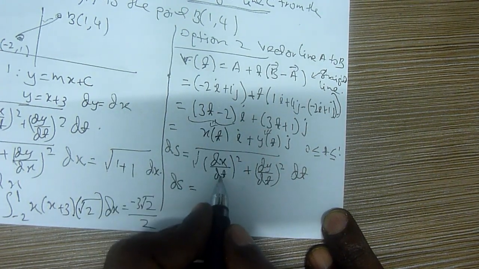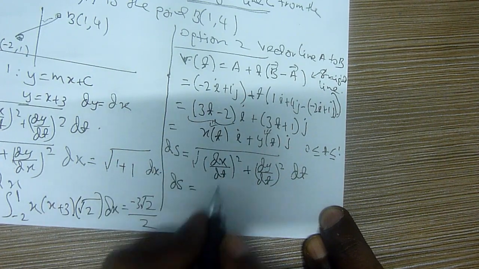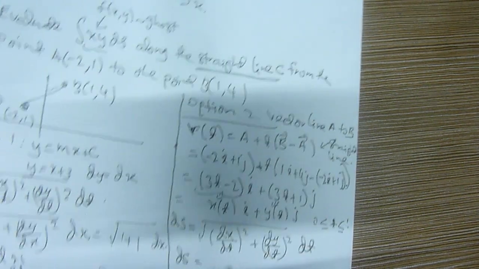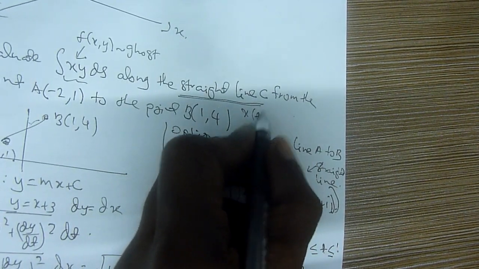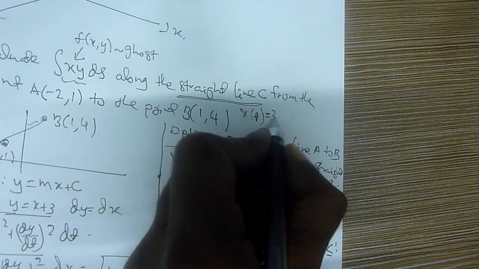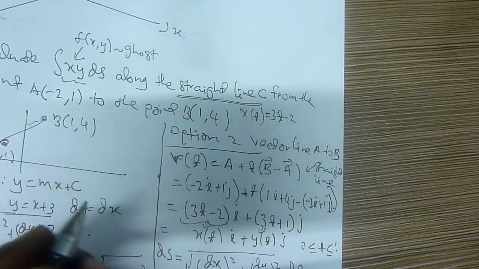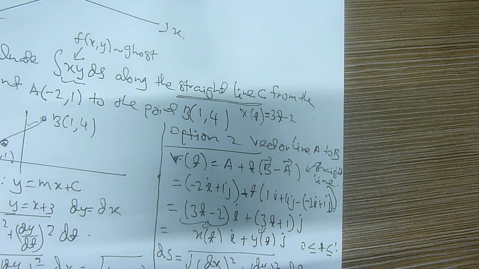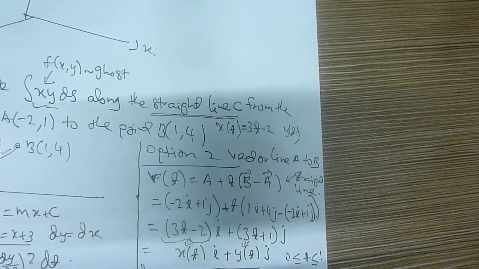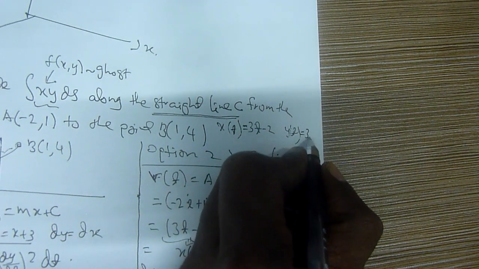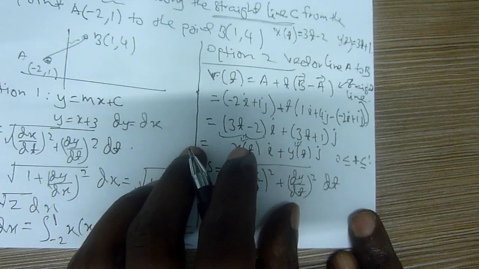When I change it, I get this is a 3, right? Please try to understand, this is x(t), the x(t) is 3t, right? Can I do dx/dt? It is 3. For y, y(t) is equivalent to 3t plus 1, and you will get 3.